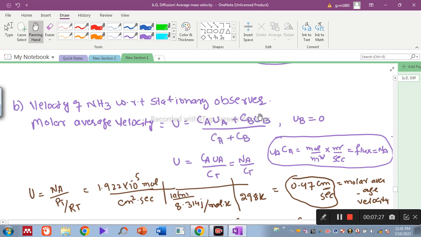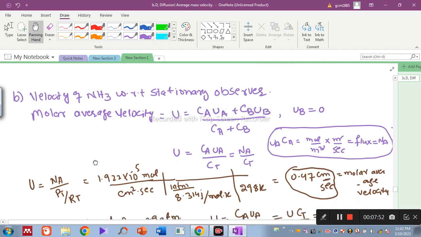There is no velocity of air because air is a stagnant layer, so this term will be 0. So the molar average velocity will be equal to Ca UA divided by Ct. Now we know that velocity multiplied by concentration is nothing but flux, and we have already obtained this in part 1 of this problem.